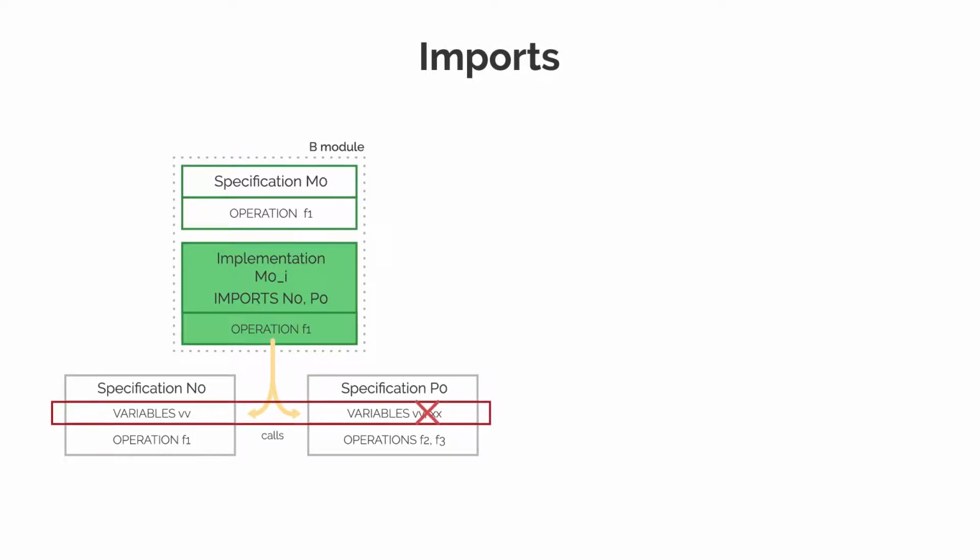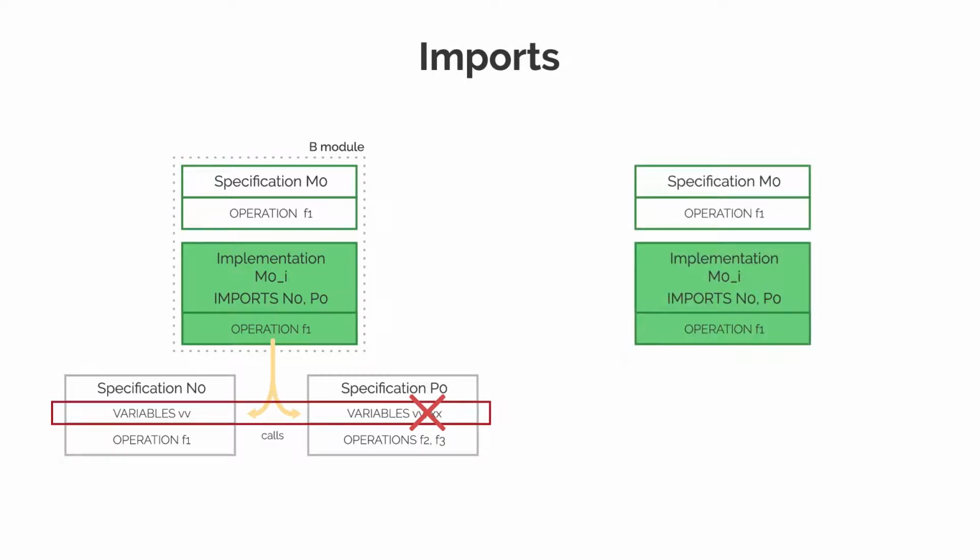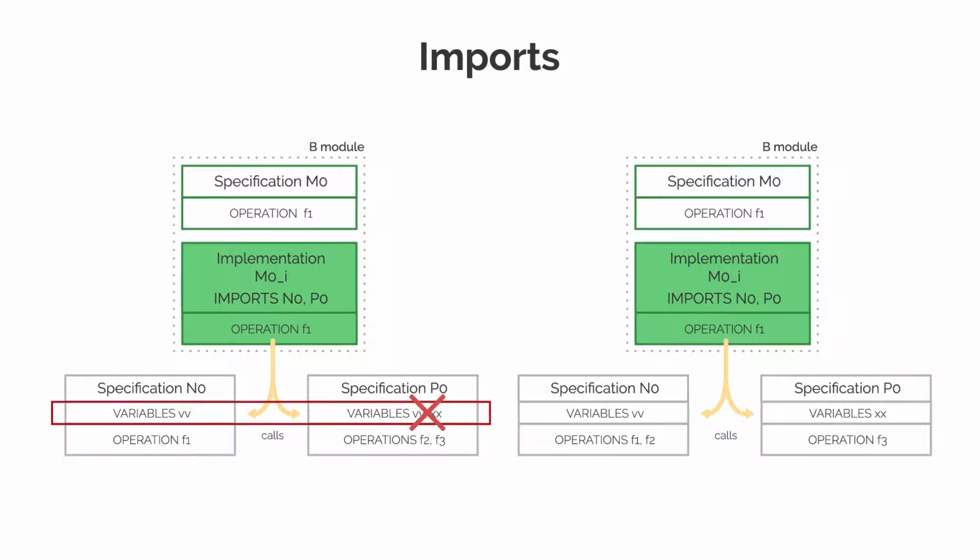It is not possible to import these two machines within the same implementation M0Y. In the second example, two components are created because F1 and F2 depend on VV and F3 depends on XX.